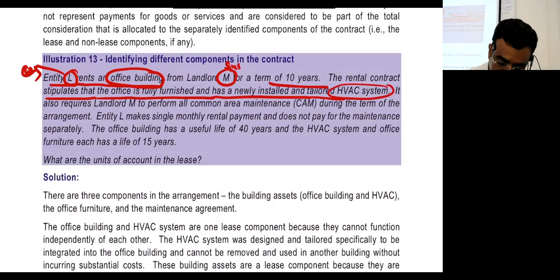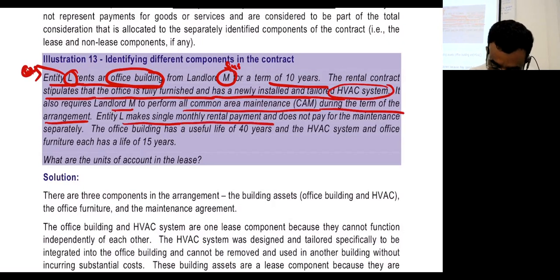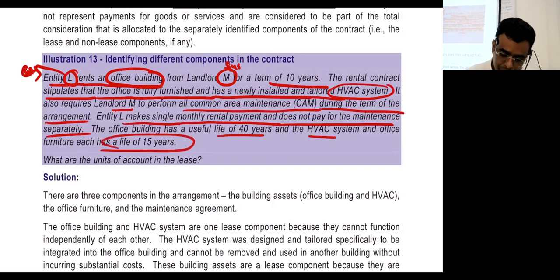It also requires landlord M to perform all common area maintenance during the term of the agreement. Entity L makes a single monthly rental payment and does not pay maintenance separately. The office building's useful life is 40 years, and the HVAC system and office furniture each have 15 years. What are the units of account in the lease?